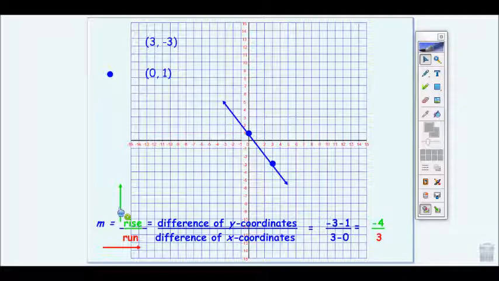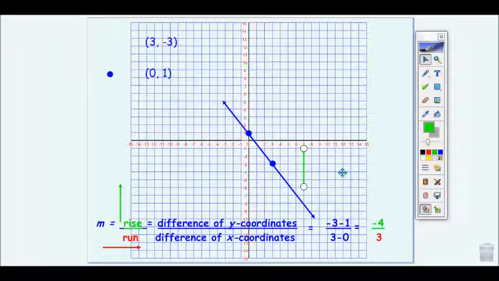Now, if it says it's a -4/3, I can either rise negatively or run negatively, because it just means that fraction is going to be a negative fraction. So let's do it the same way that it says on our calculated slope there.